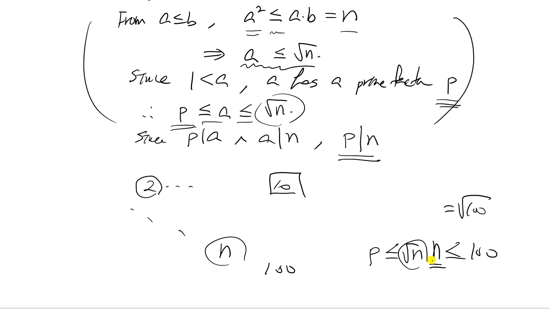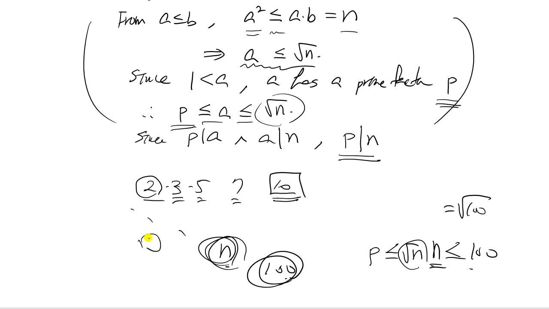Then no matter which n we choose, smaller than 100, that number should have a prime factor which is less than or equal to the square root of 100, technically, right? So that's the reason why it's enough to check any prime which is less than or equal to the square root of that largest number, the boundary number of this group.